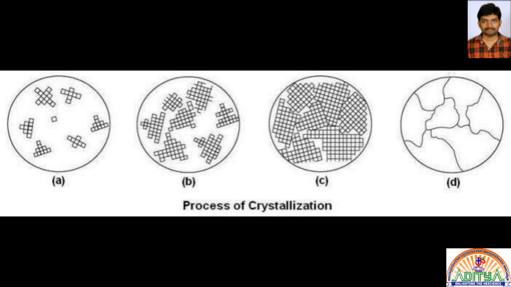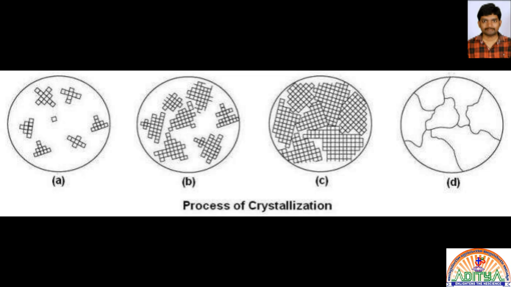The next one is grain growth. It is the growth of grains, which can be influenced by factors such as temperature, concentration of impurities, and crystal lattice. This is the step by step process of crystallization.